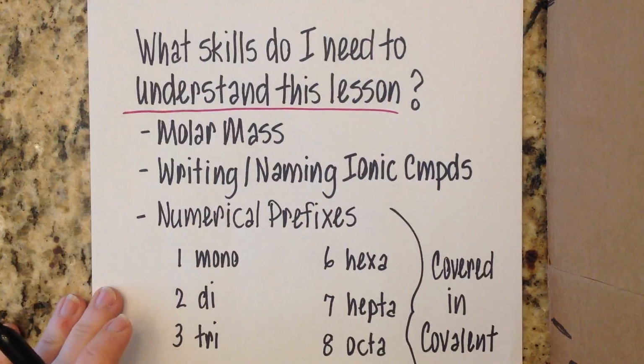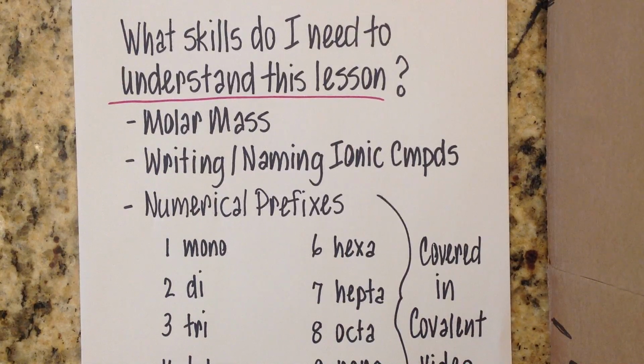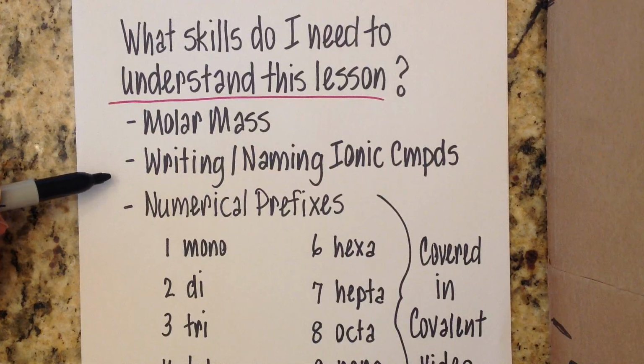Now the next thing I want to talk about is what skills you need to understand this lesson. There are a couple things you do need to know in order to follow along easily. So I'm going to refer you to those videos in case you need to go back and review something. You need to know how to calculate molar mass. That's one of the first videos I dropped into YouTube. You need to know how to write and name ionic compounds.